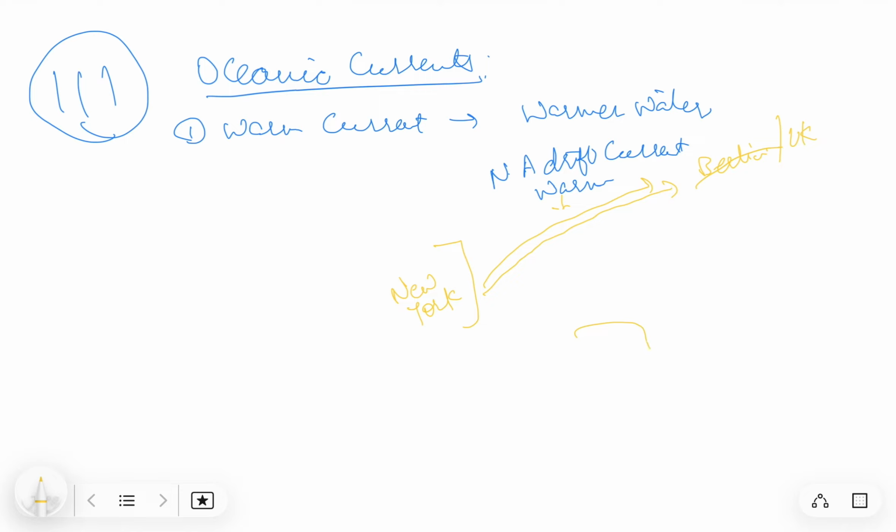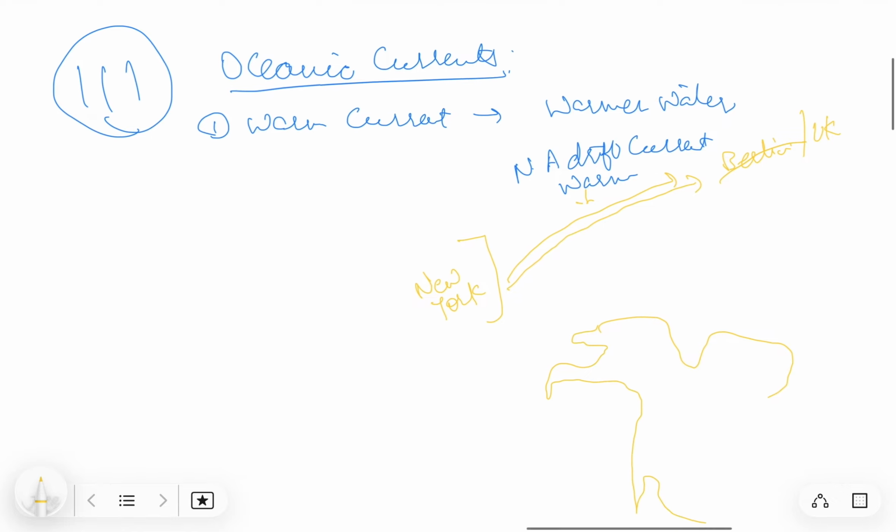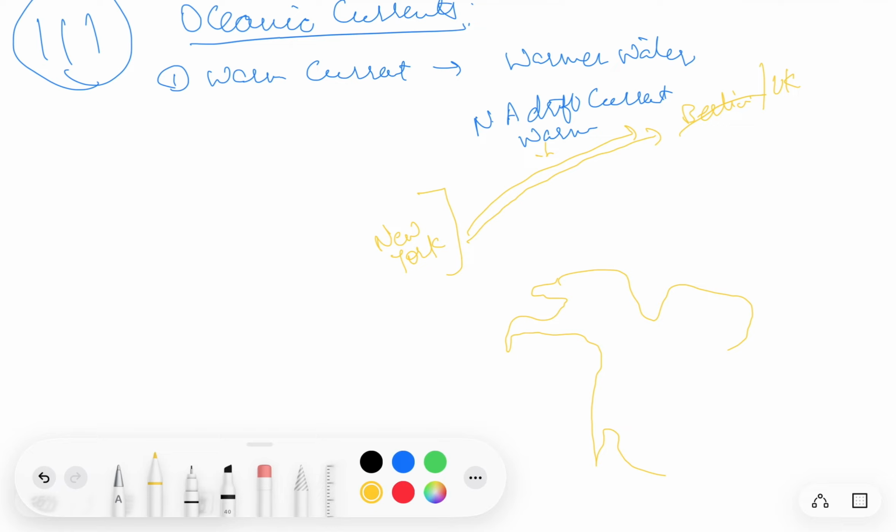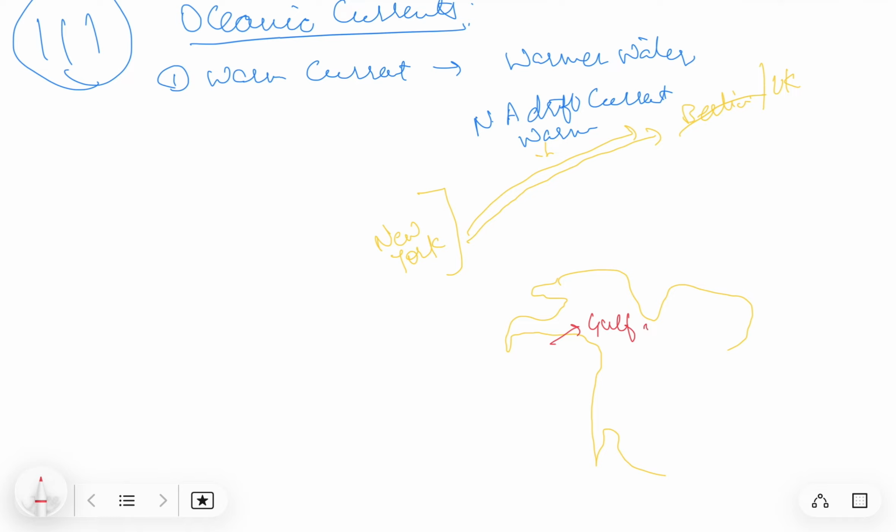And similarly, here we have the Gulf of Alaska. Here we have the Alaska warm current. Instead of having a very low temperature, the Alaska warm current will raise the temperature of that area.